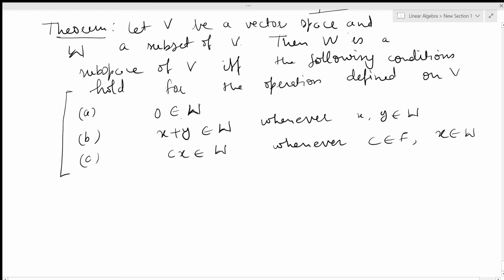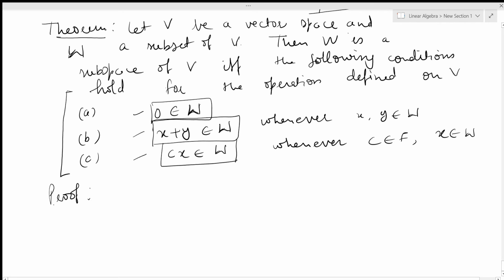So there should be a 0 element, vector addition and scalar multiplication. So for each and every part you have to satisfy these three conditions. So let's do the proof. This theorem is an if and only if, so first of all we have to do the if part, then the only if part. Now let's start with the if part.